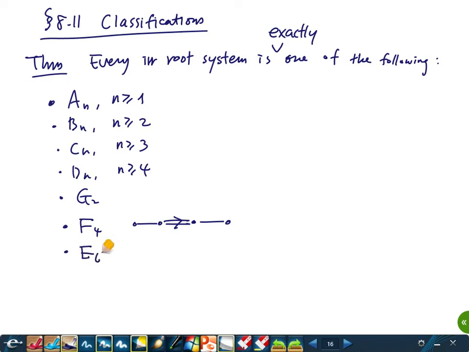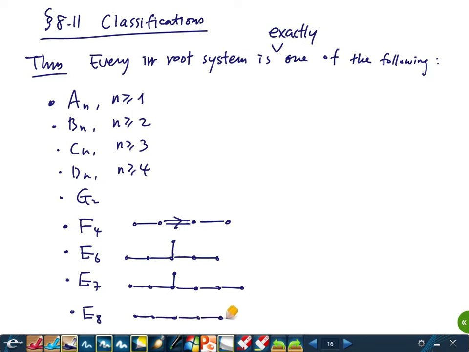And E6, it looks like the Dynkin diagram is like this, and E7 like that, and E8. So the subscript always indicates the number of dots.